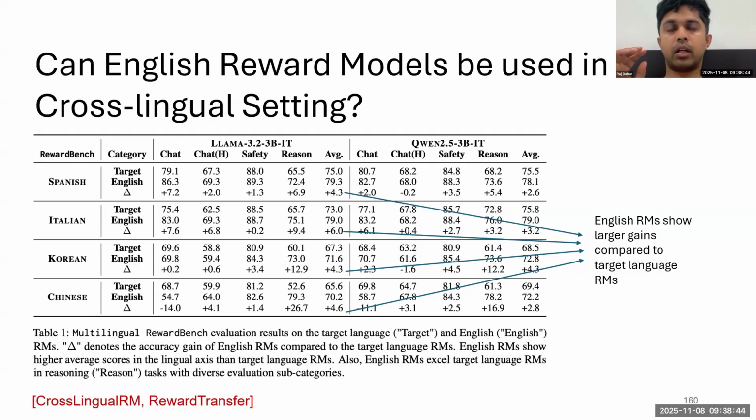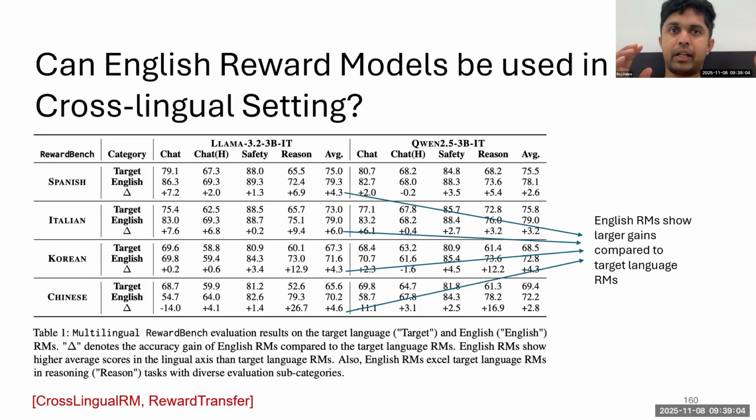In other words, existing models which have been trained on English reward modeling data actually have a good enough capability to do reward modeling for any other language because of the implicit cross-lingual transfer of reward modeling that takes place.